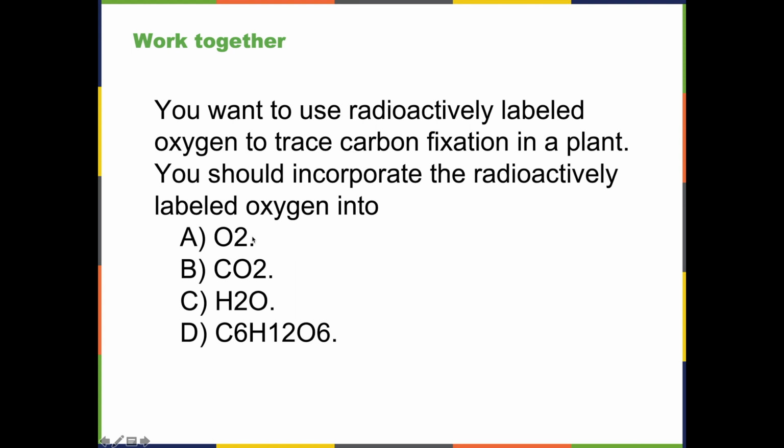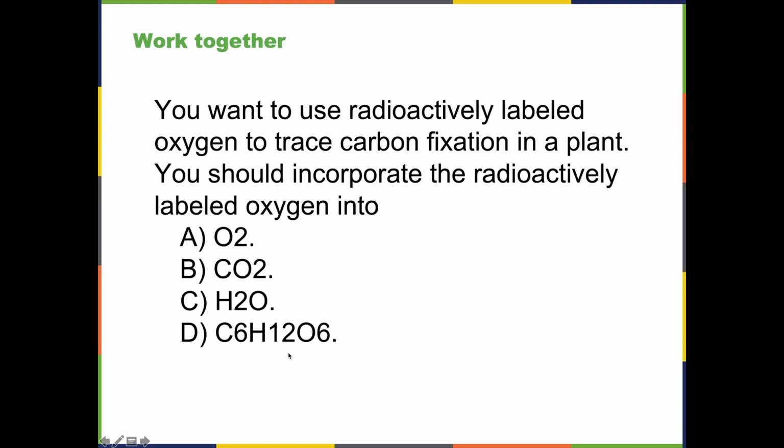Well, is it oxygen? No, oxygen is a product of the light reaction. CO2, yeah, CO2 is fixed into that process. So that seems like a good place to put this radioactive oxygen and trace what happens to the carbon. Water? No, actually water plays a role in the light reaction. Glucose?